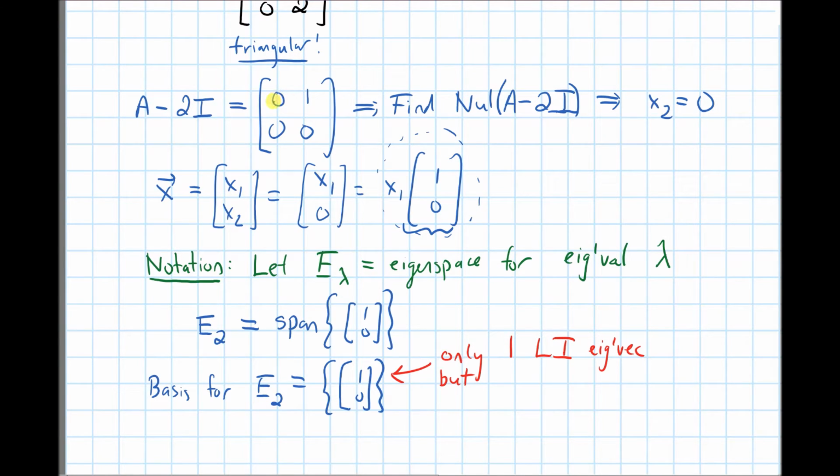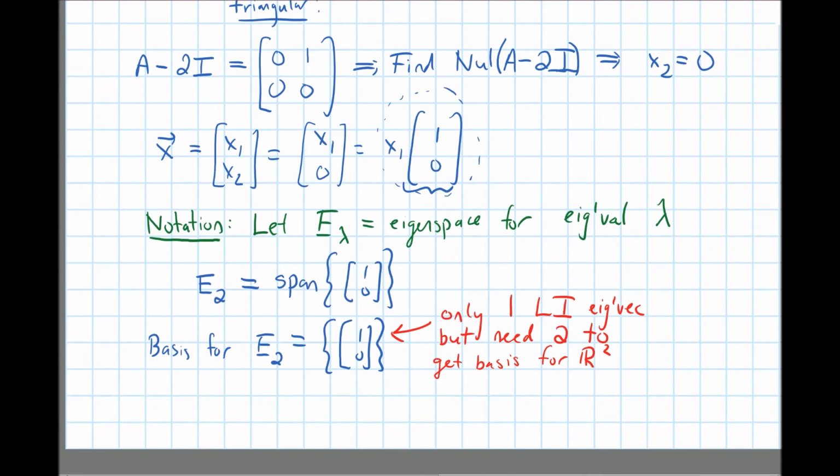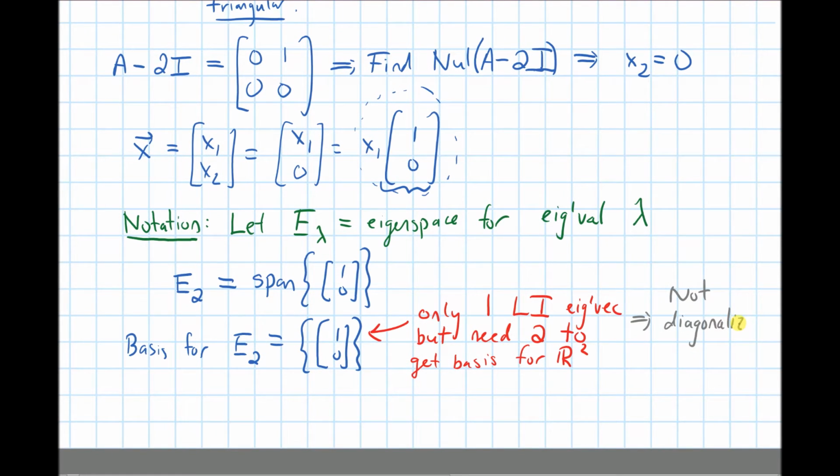In this case, my matrix is 2 by 2, so we would have needed 2 linearly independent eigenvectors, to get a basis for R2. So as a result, our matrix is not diagonalizable.